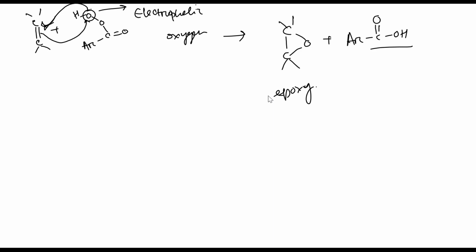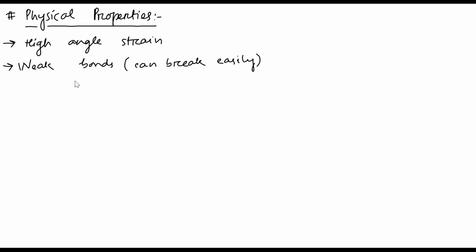Okay. Next, we will see physical properties of epoxides. These epoxides are not very stable compounds. They have very weak bonds. If you see the bonds in an epoxide, CH2 single bond CH2 single bond O. If you see the ideal tetrahedral angle, like carbon with 4 hydrogens added, this is one ideal tetrahedral compound.